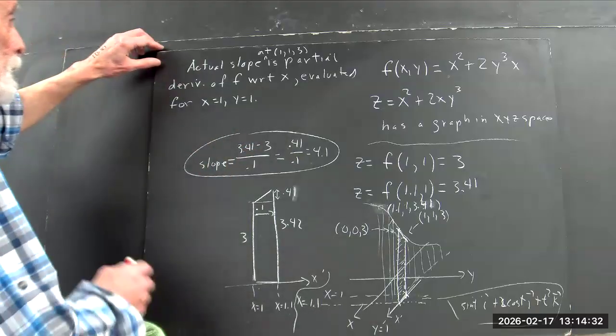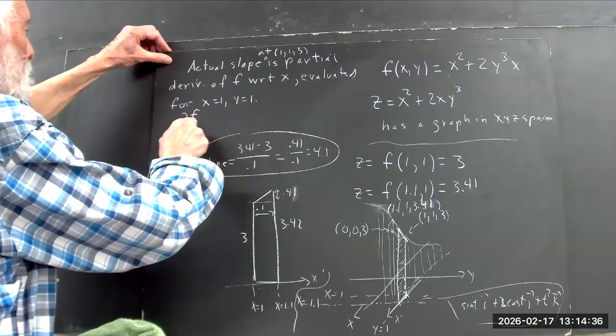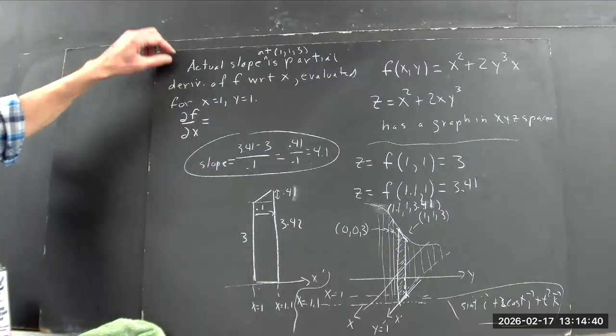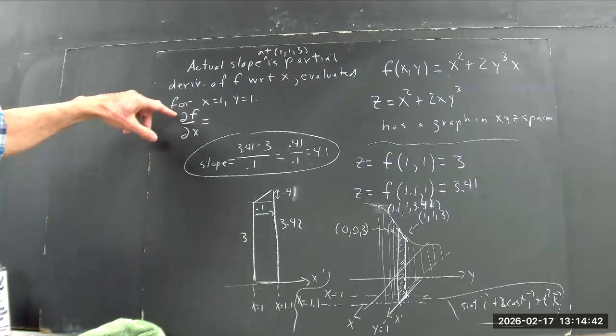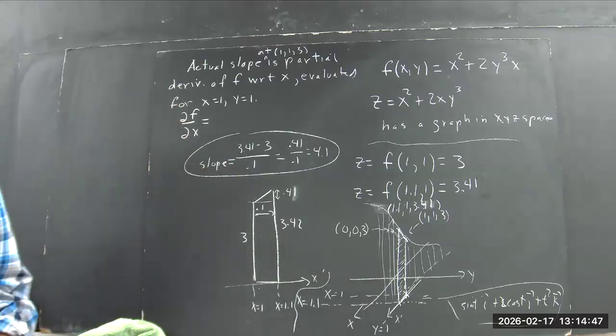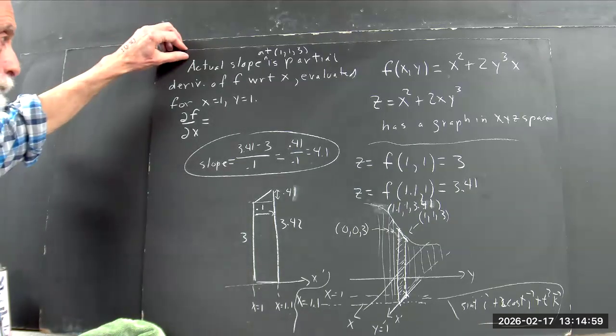Well, we write the partial derivative with respect to x, not using a d, but using kind of a curly d. That's the partial derivative sign. There's a name for the thing, but I never use the word, so I don't even remember what it is anymore. It's a partial derivative sign, and that's enough.